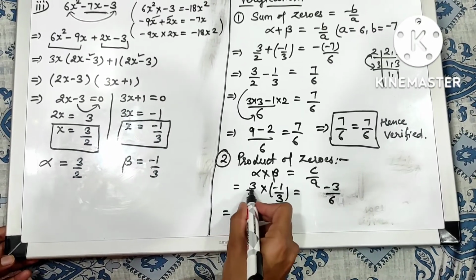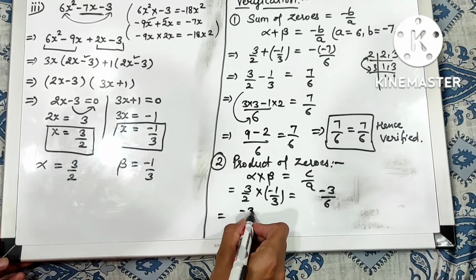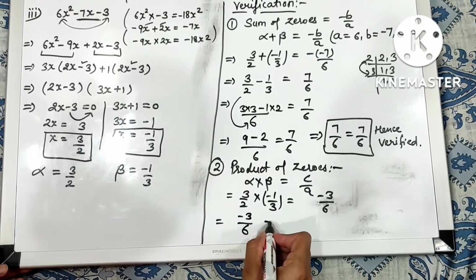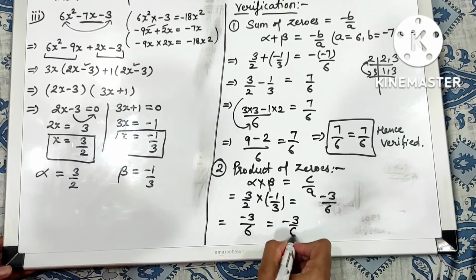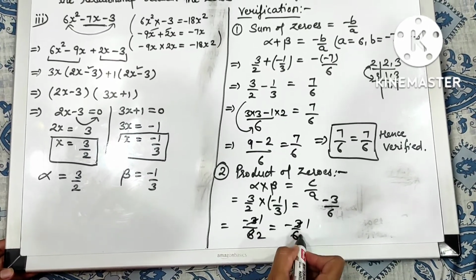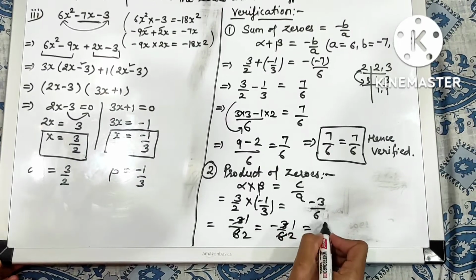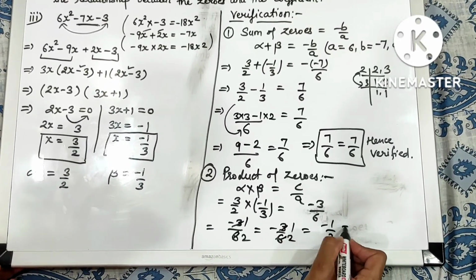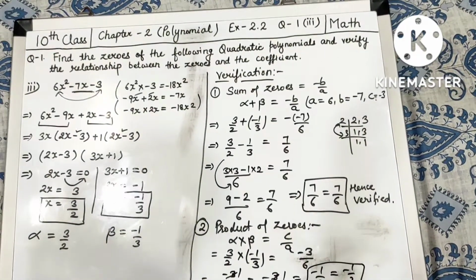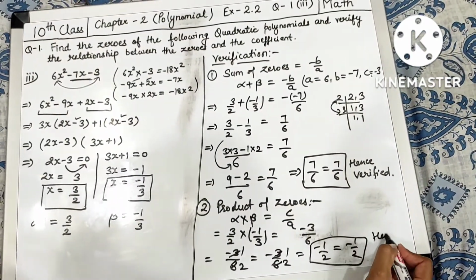When we multiply 3 into minus 1, minus 3, 2 into 3, 6 is equal to minus 3 by 6. And we can also cut 3 1s are 3, 3 2s are 6. Then we get minus 1 by 2 is equal to minus 1 by 2 on both sides. Hence verified again.